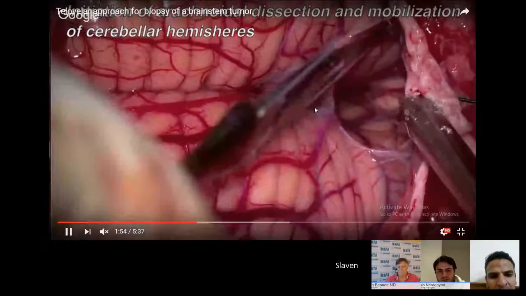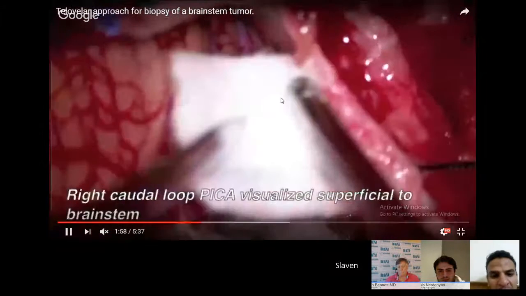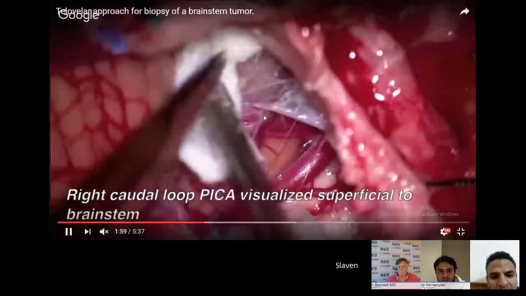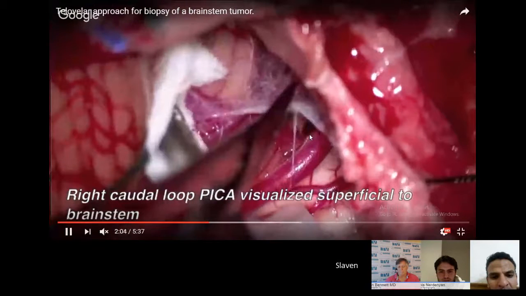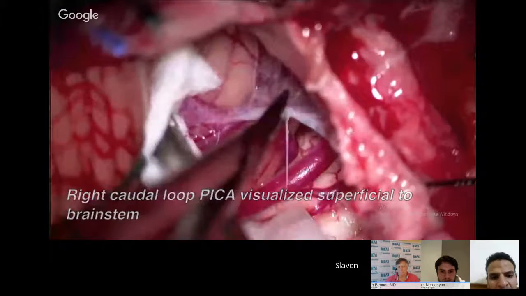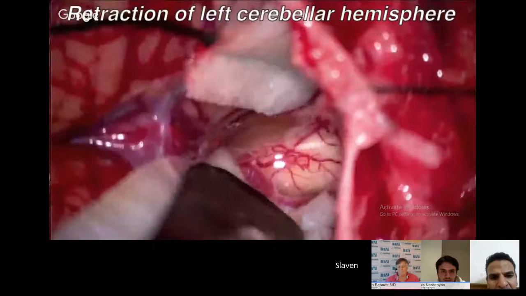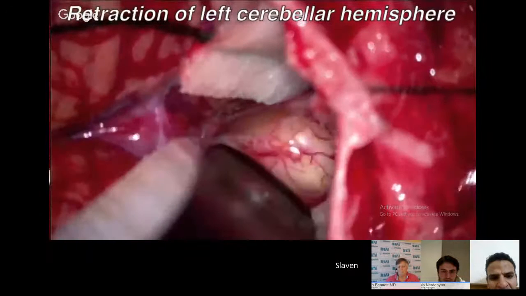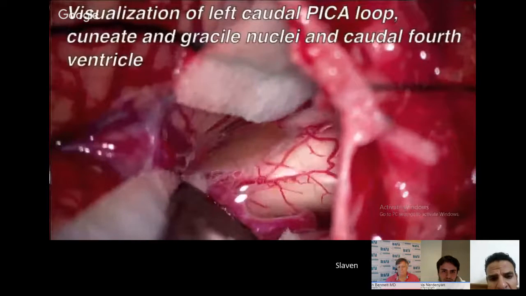Now, these arachnoid attachments are dissected. PICA is visualized. PICA is one of the major arteries, an artery of the suboccipital surface of the cerebellum. So it feeds the suboccipital surface. Hemispheres are retracted.